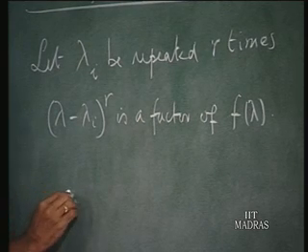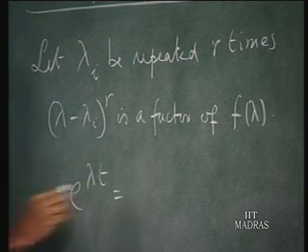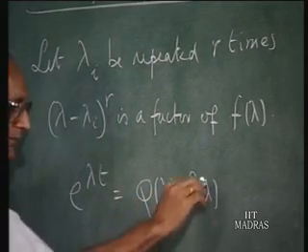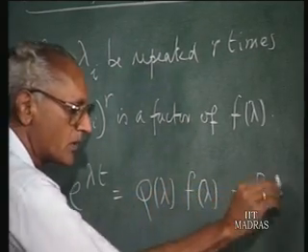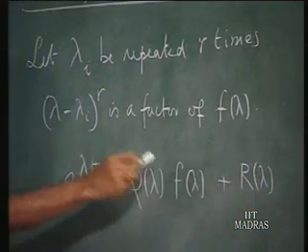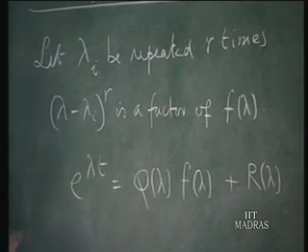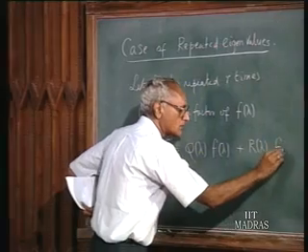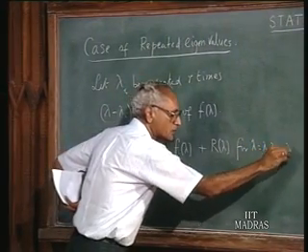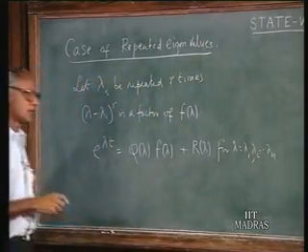So now when you form this scalar equation, e power lambda t is the coefficient polynomial times f lambda plus the residual polynomial r lambda. You have f lambda has a factor lambda minus lambda I raised to the power of r. Now this is satisfied for lambda equals lambda 1, lambda 2, etc. up to lambda n, but some of them are of course not distinct.